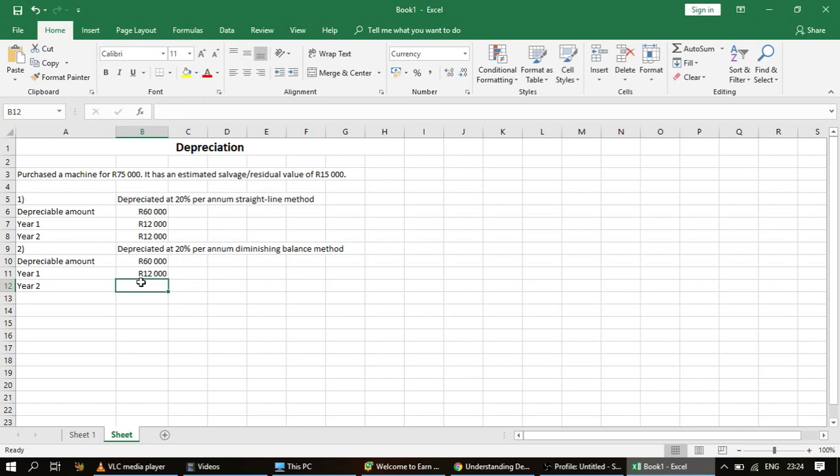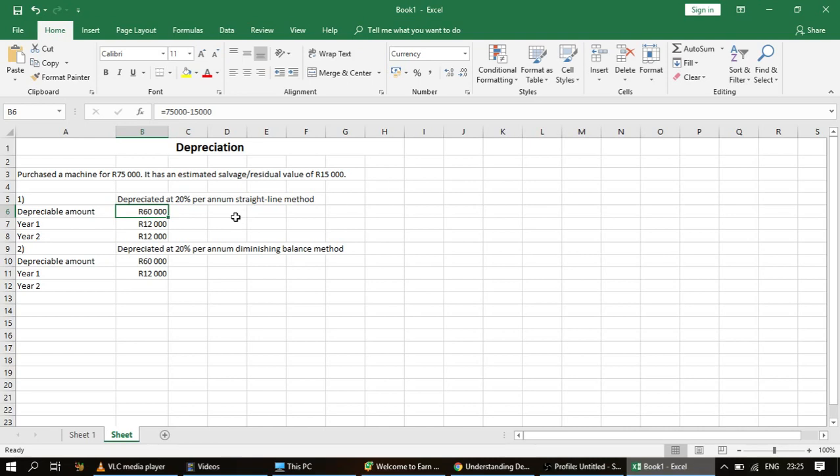But where the difference comes in with the diminishing balance method, in fact, when calculating depreciation using the diminishing balance method, the way you calculate it is that you take the carrying value of the asset multiplied by the percentage, or divided by the number of years. But in this case, they gave us a percentage, so we'll multiply by the percentage. We'll use the carrying value. But with the straight line method, we use the cost of the asset.